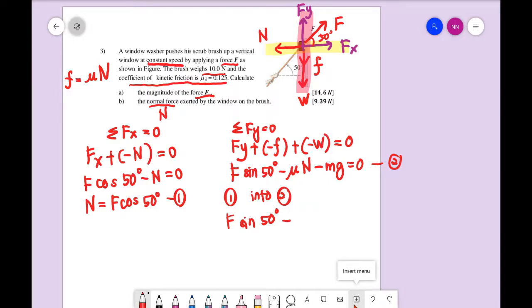Mu is 0.125 here. 0.125, and then N from equation 1, it is F cos 50 degrees, minus mg, but the weight is already given as 10 Newton, so we can simply substitute mg as 10. This is the weight of the brush. So they equal 0.